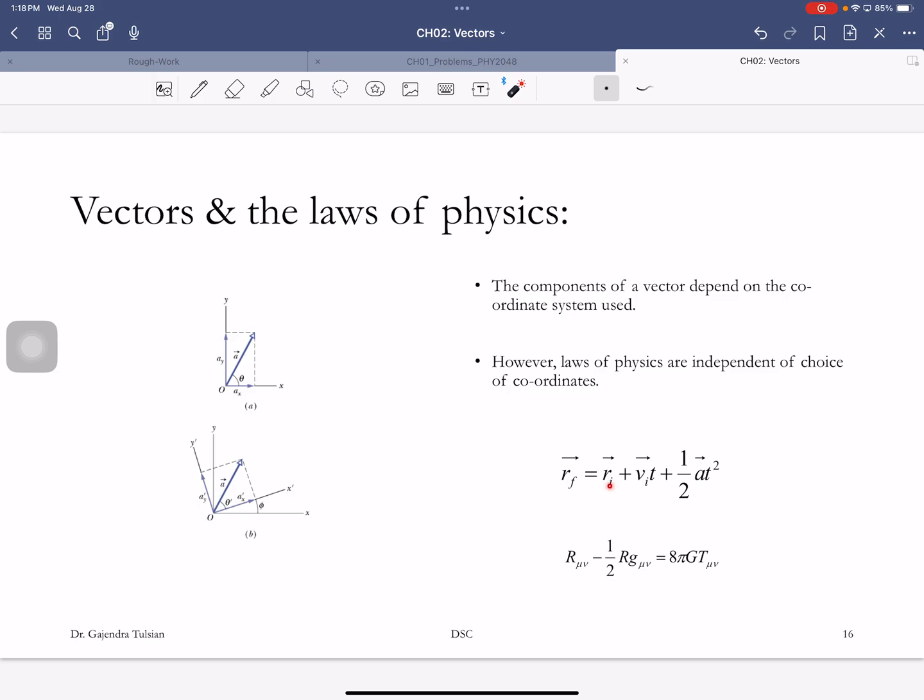So on the right-hand side you have the sum of three vectors, which is a vector, and we'll learn all of that. So this equation is potentially, well, at least dimensionally it is correct. If you replace this by, let's say, 5, that's still dimensionally correct, but that equation is not right.